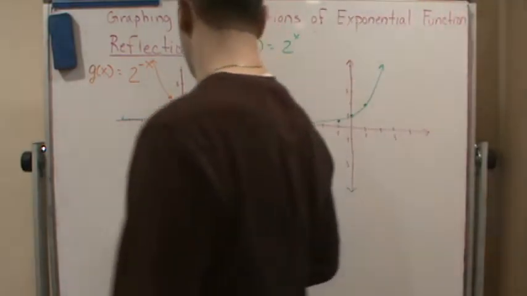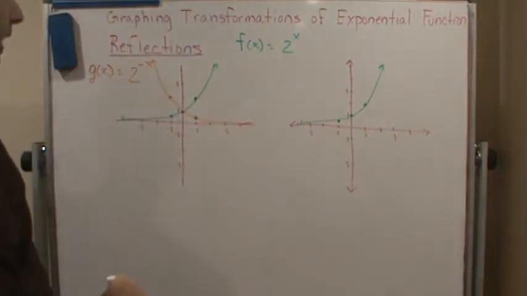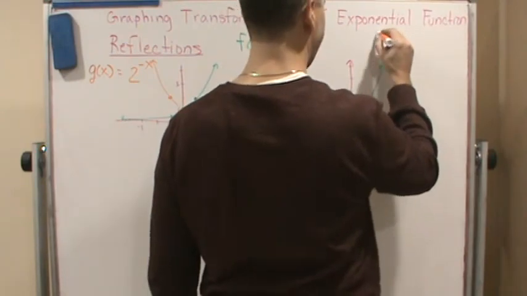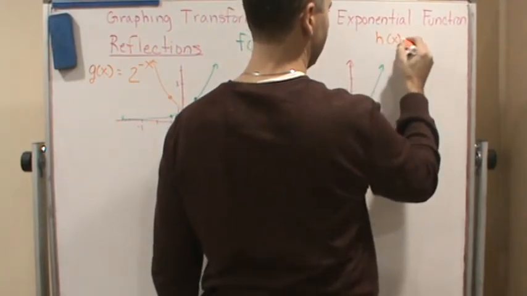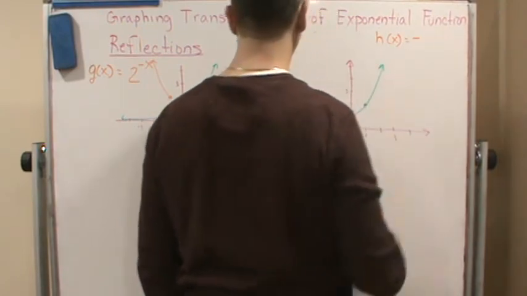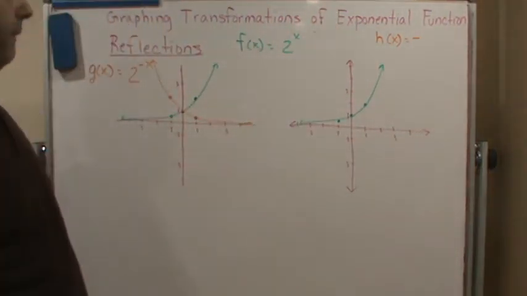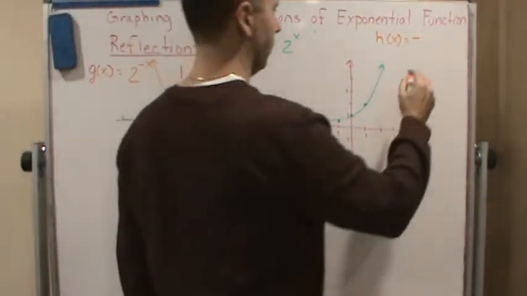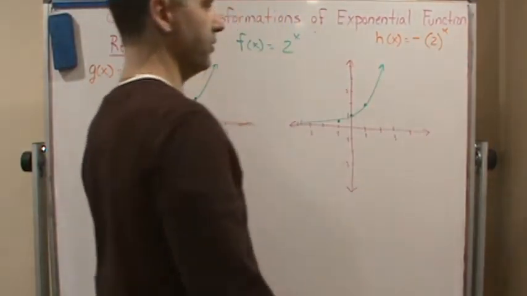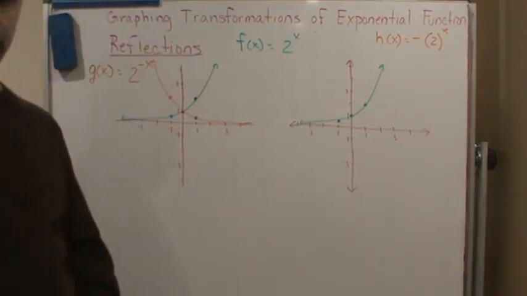So if I have this, let's say I want h of x to equal negative of 2 to the x. So I'm multiplying by -1, right?